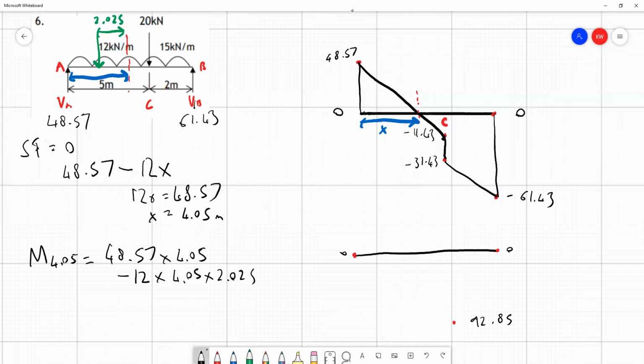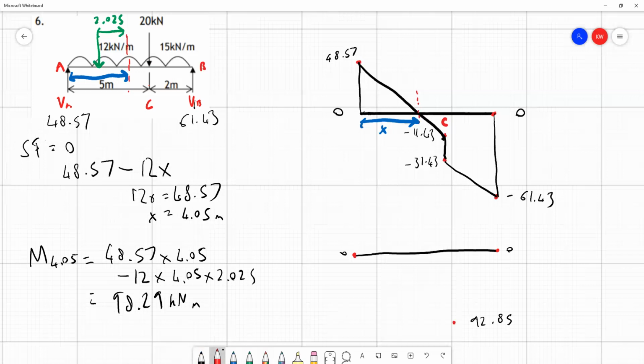So we put these values in here, and I'll just, again, check that we're getting this right. And that gives us 98.29 kilonewton meters.